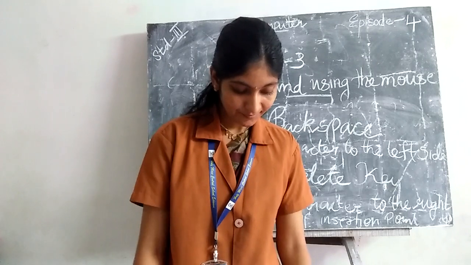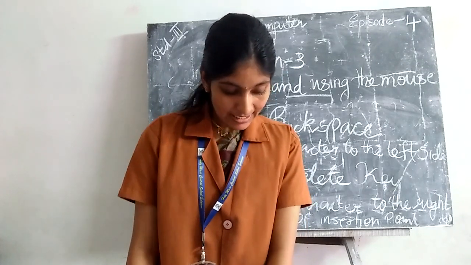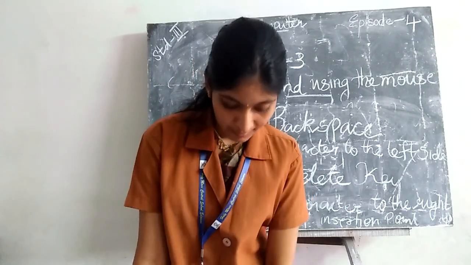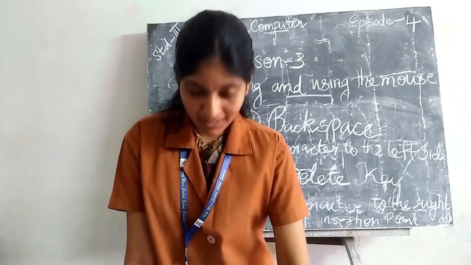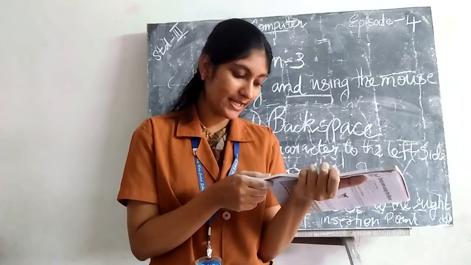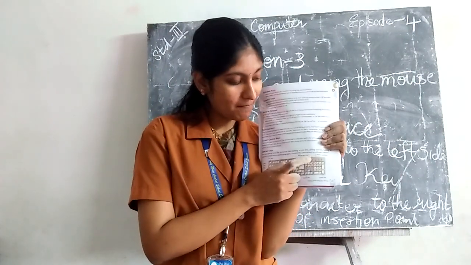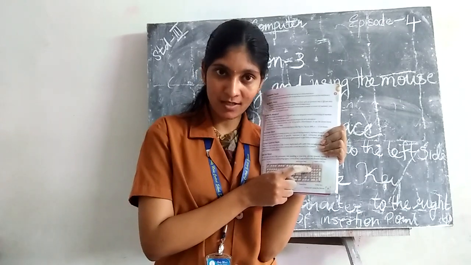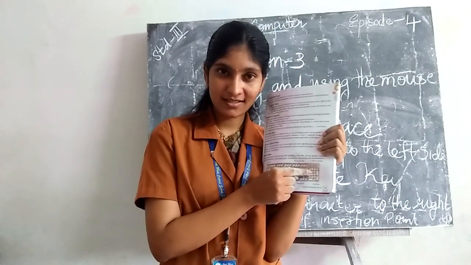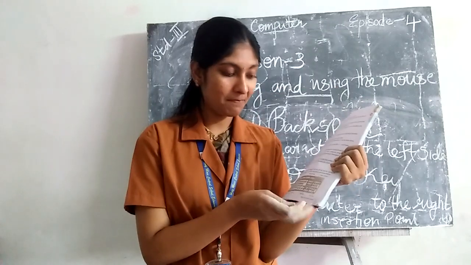Then next is the number lock key. We know the number lock key is present here, look at the picture in your textbook. Here is the number lock key. When we press the number lock, we can press the numbers on this keypad. Which keypad? Numeric keypad.